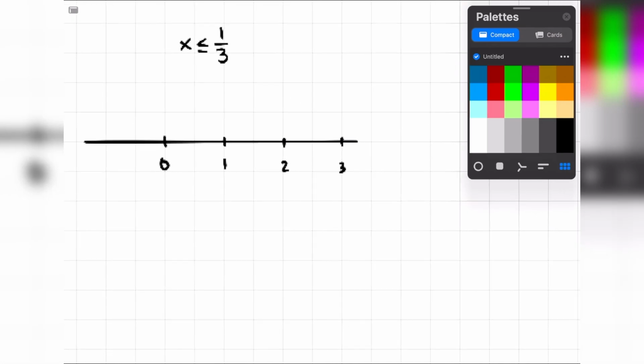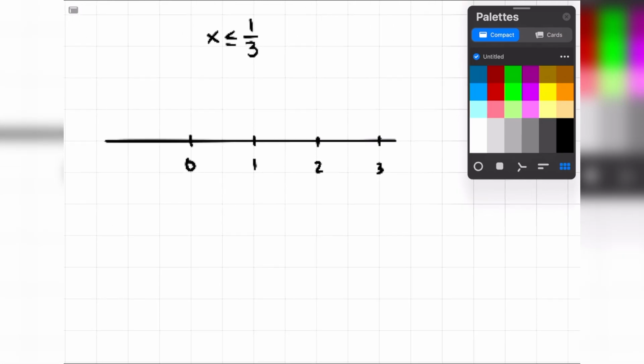So it's going to be very hard to tell where to put 1 over 3, right? Easiest thing to do is to just plug it in your calculator. What is 1 divided by 3? It's 0.3, right?